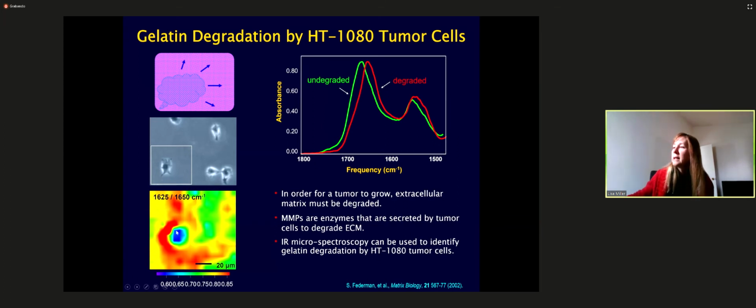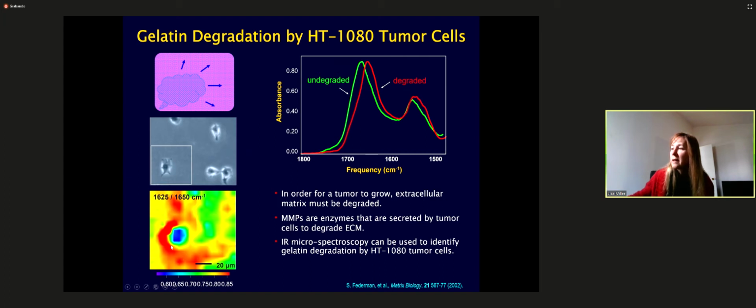And so what we did here in the infrared image is we plotted 1625, which is the degraded gelatin, divided by the undegraded gelatin. Where you see the high, the red, that's showing you where the gelatin was degraded. This is the cell in the middle. You don't need to pay attention to that because it's going to look different than the gelatin itself. But what I want you to look at is the red versus the yellow versus the green out here.